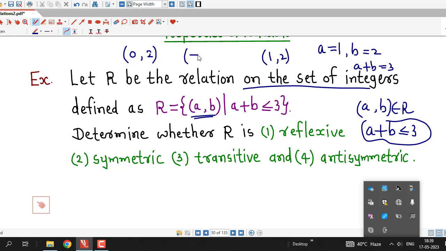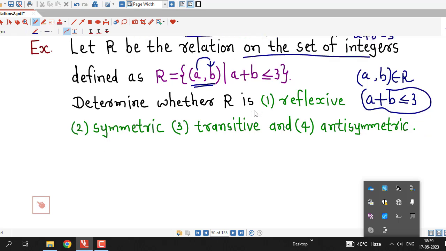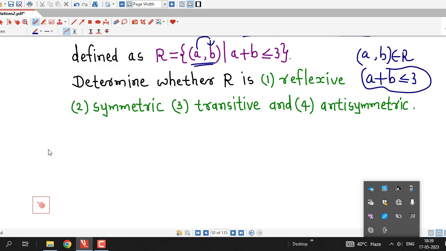We may have (-1, 2) also. If we add -1 and 2, we get 1, which is less than 3. So in this relation we have ordered pairs such that the addition of the two components is 3 or less than 3. Now we have to check all these properties for the given relation.